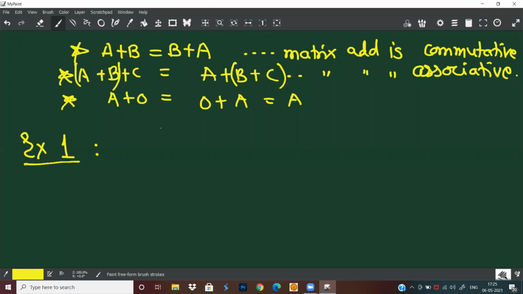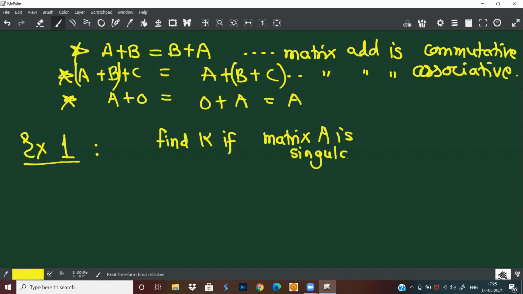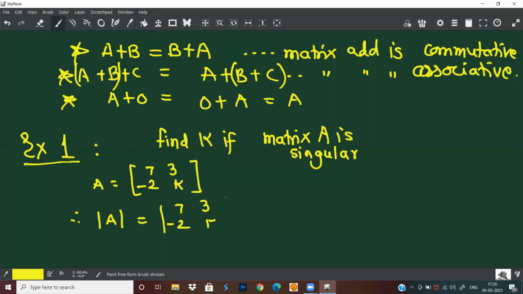Example 1, yes. Find K if matrix A is singular. अभी ये स्क्वायर मैट्रिक्स है. सिंगुलर मैट्रिक्स के लिए यू हैव टू फाइंड द डिटर्मिनेंट. So it is this into this minus this into this.